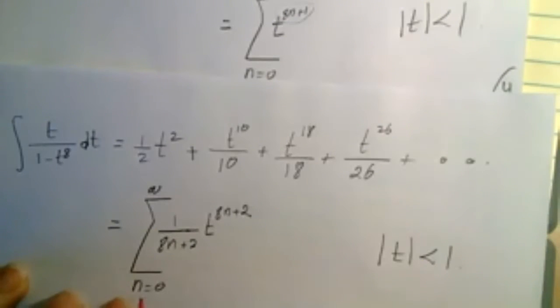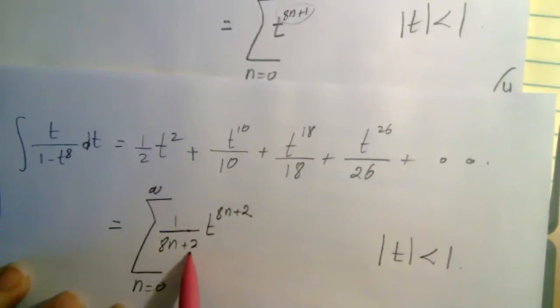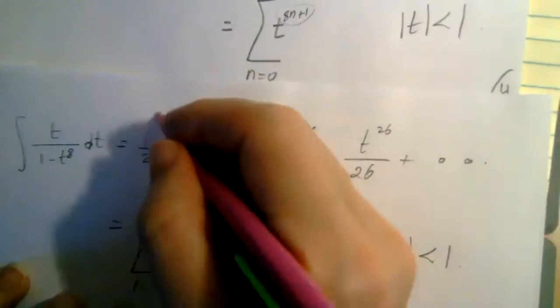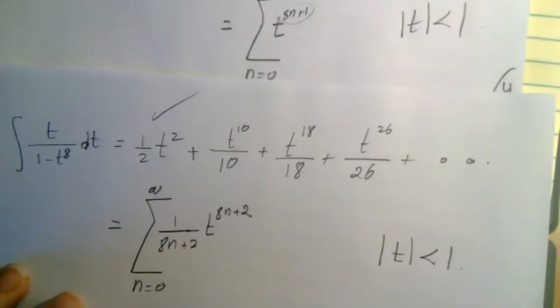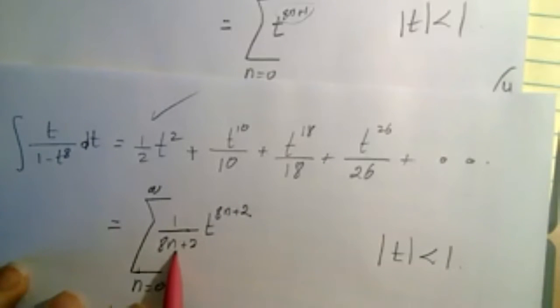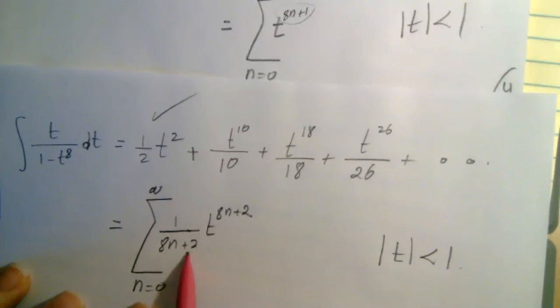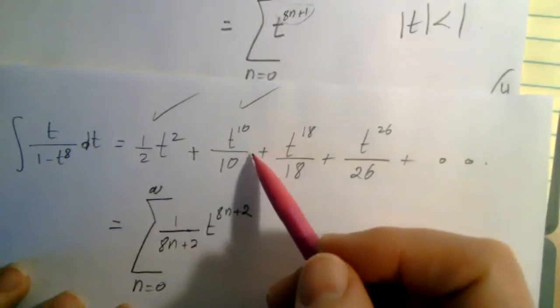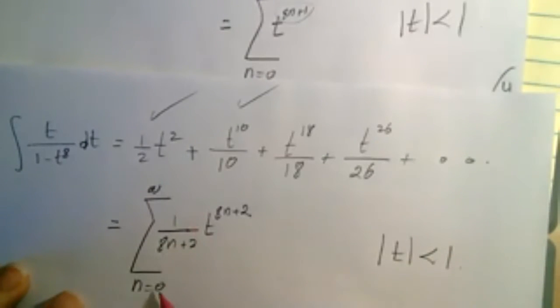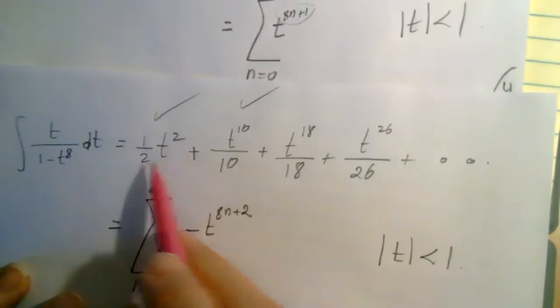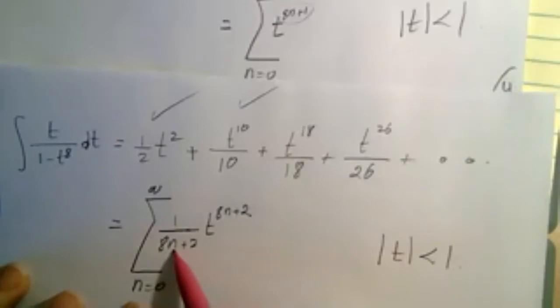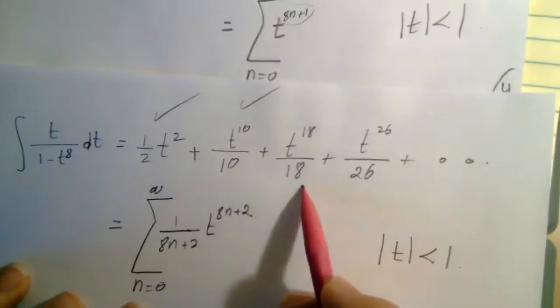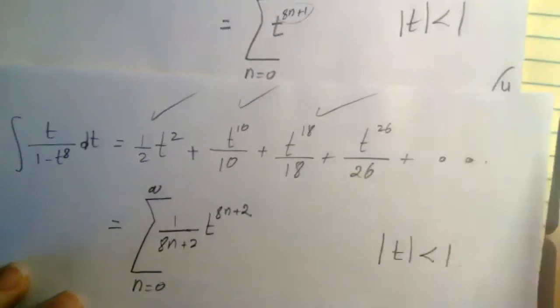If n is 0, it's 1 over 2, t to the power 2, check. First term, correct. N equal to 1: 8 times 1, 8 plus 2, 10, t to the 10, match. So you make sure that whatever you're writing and those agree with each other. I did 0, I did 1, n equal 2: 8 times 2, 16, 16 plus 2, 18. So I am definitely on the right track.